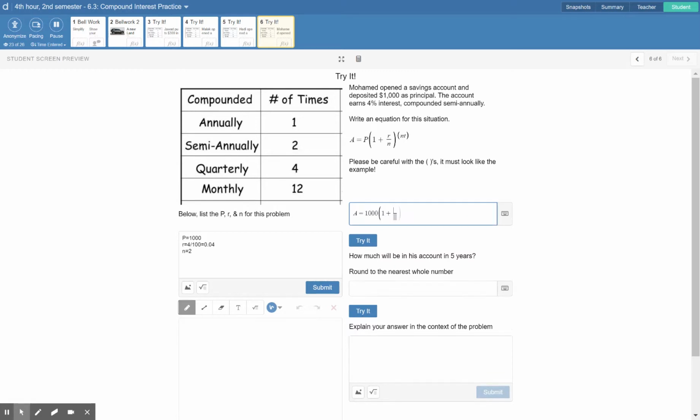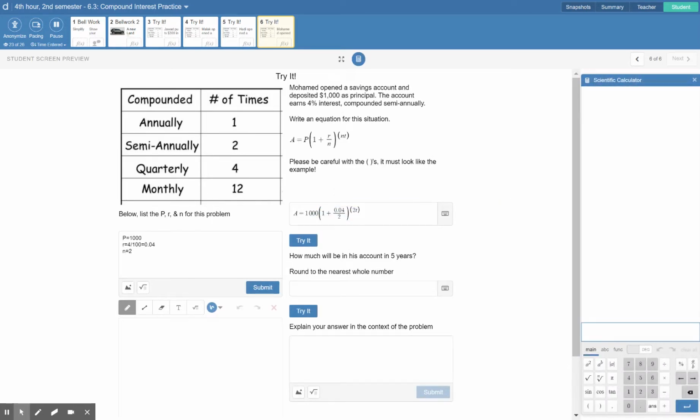That will never leave. And then put the 2 along with the exponent. Now this equation is going to be used after 5 years. Put the times 5. So he's going to have a total of $1,219.